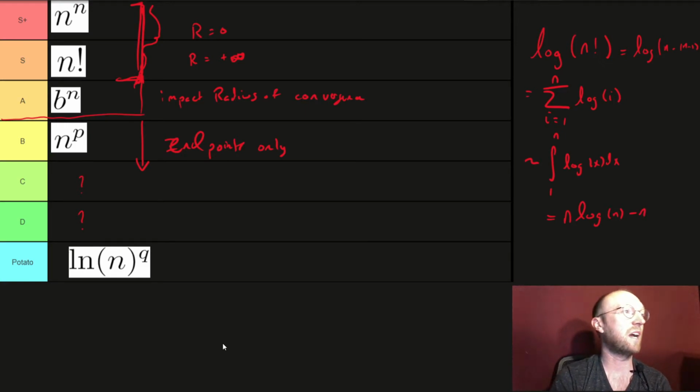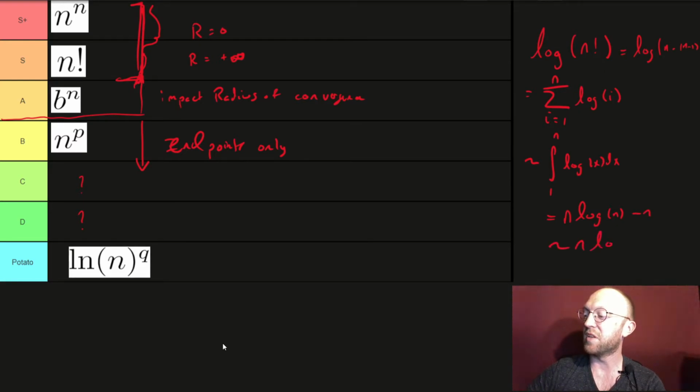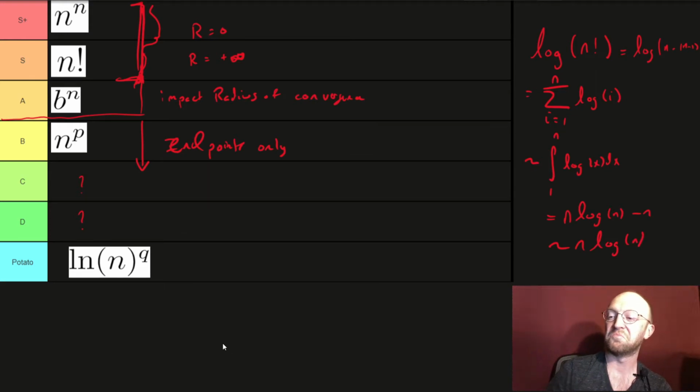All right, so now this is interesting, because this beats linear. This beats linear, which again, just grows. So n log n minus n. We only care about the dominating term. That's n log n.